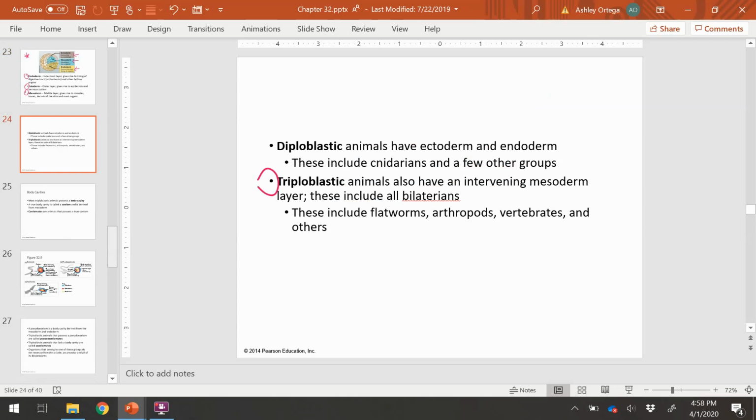These animals have all three layers. Some of the animals only have two layers. They'll only have the ectoderm and endoderm, and that will be called diploblastic. I think of the prefix meaning two, like diploid, two sets. So this is two. And triploblastic is three. So 2 layers versus 3 layers.